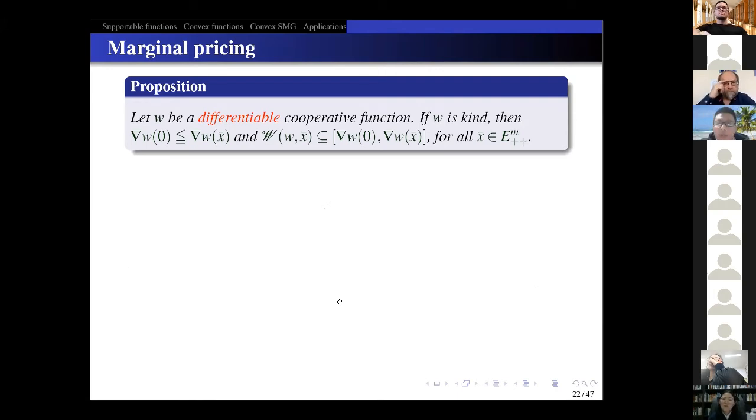And also we can show that when W is differentiable, then the gradient may play a very important role, as I showed in the motivating example. First, if W is kind, we always have that its gradient at the origin is upper bounded by its gradient at x bar. And also, its Walrasian core is always contained in this interval.